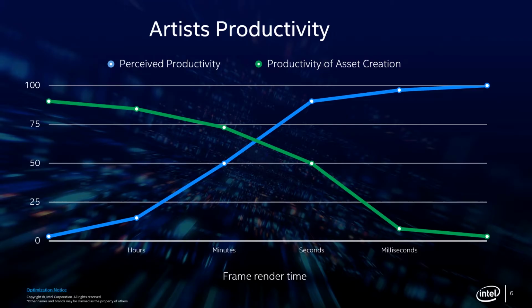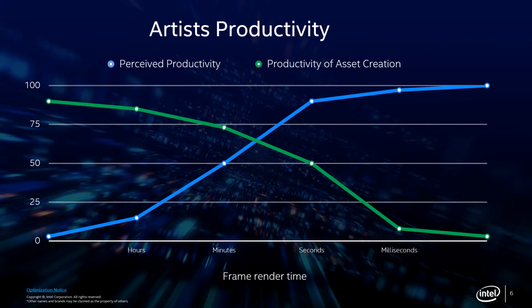On the vertical axis, we have some measurement of productivity of an artist working on a creative task with such a technology. Experience suggests that the faster the renderer is, the more an artist can do within a day. Not only that, the better art they can in fact produce by interactively seeing the results and refining their work along the way.